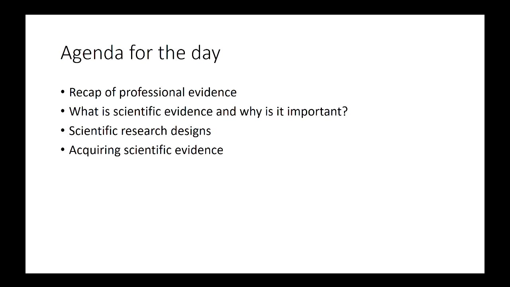And then once we're done with that, we will start with looking at scientific evidence: what we mean by scientific evidence, how it is important, how we should understand it, what it is trying to achieve, and look at different types of scientific research designs which will determine the quality of the scientific evidence that you're looking at, right?